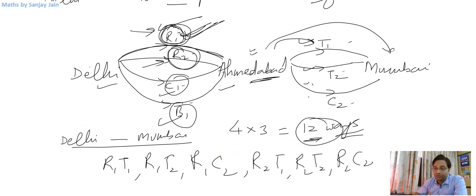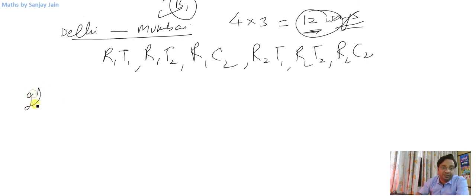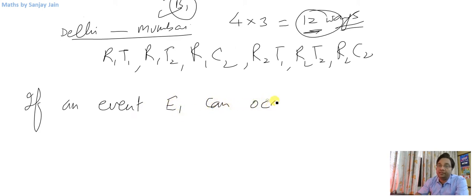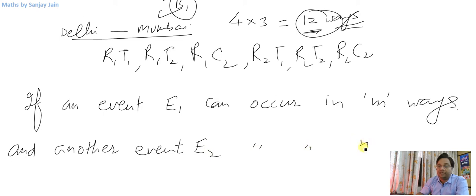I hope you have understood the fundamental principle of counting, that if an event E1 can occur in m ways, and another event E2 can occur in n ways. Now these are two independent events. Delhi to Ahmedabad is an event, Ahmedabad to Mumbai is an event.